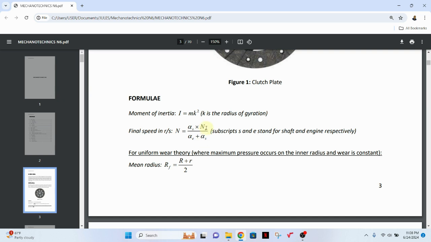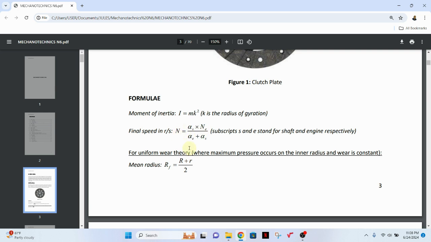If the speed of the engine is given in rotations per second, the final speed n here is also going to be in rotations per second. If the speed of the engine, ne, is given in rotations per minute, then the final speed is also going to be in rotations per minute. So your units must be consistent for both ends. This is the speed of the engine, and this is the final speed that you have.